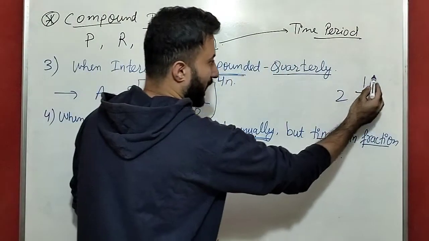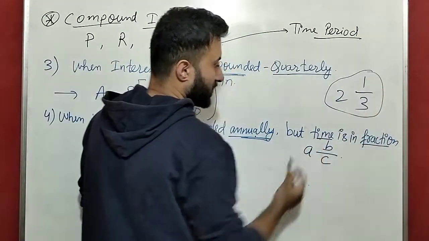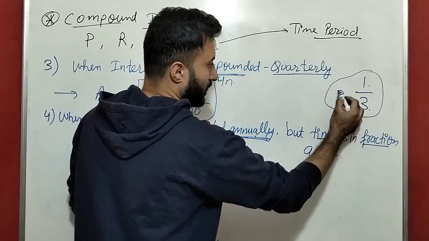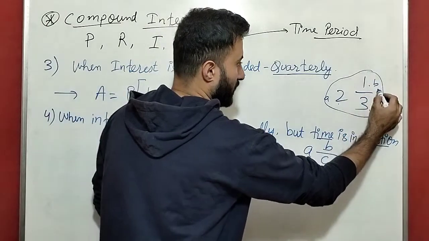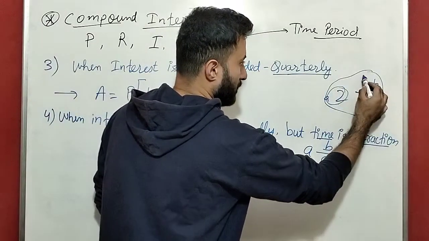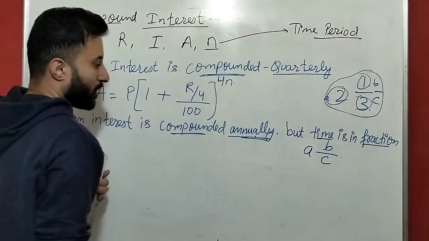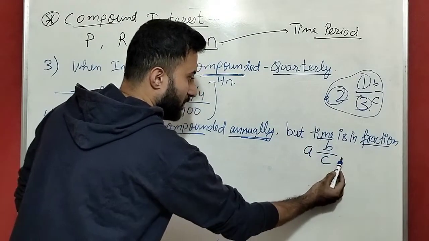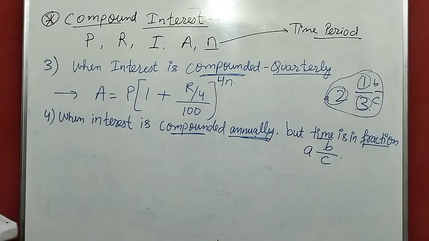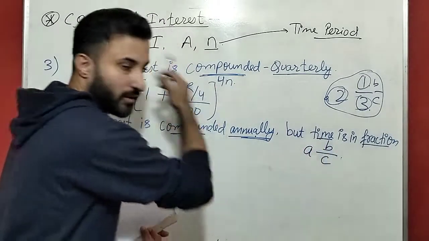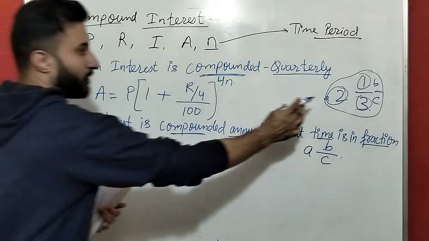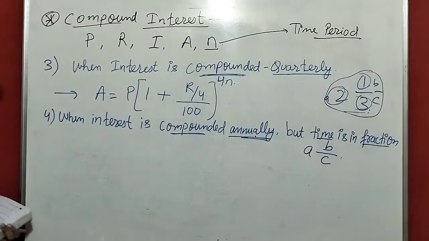This time is in fraction, so this is A, B by C, a mixed fraction. Like the example I have given, you will get it.